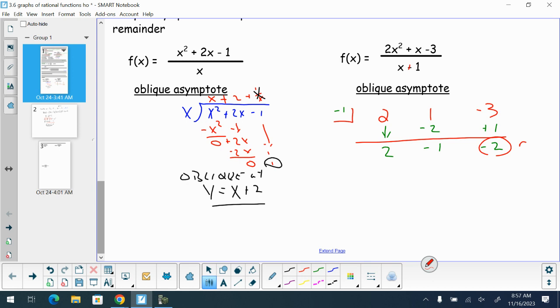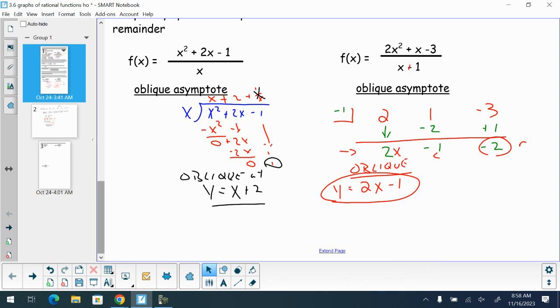So we would get an oblique asymptote as our solution here, which would be 2x minus 1. So it would be our oblique asymptote. Once again, using a lot of tools that we just did, adding into new concepts.